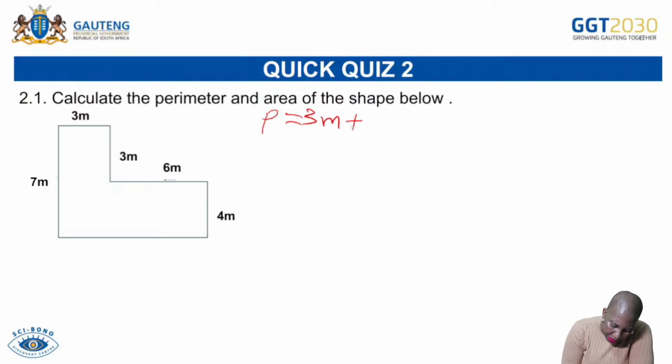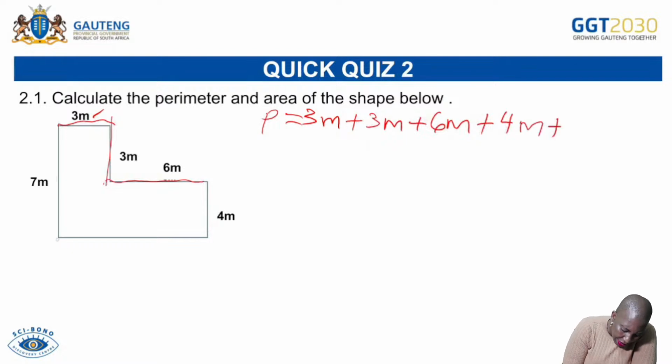So I'll start from here. It will be 3 meters plus 3 meters plus 6 meters. Meaning I've got this side, and then I've added this side. Now I've added this side, 6 meters, and then plus 4 meters.